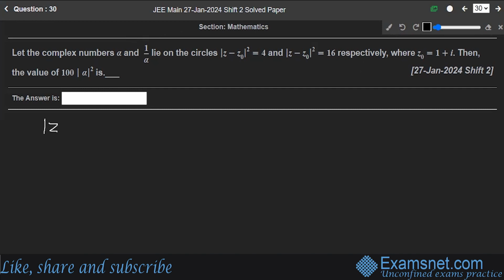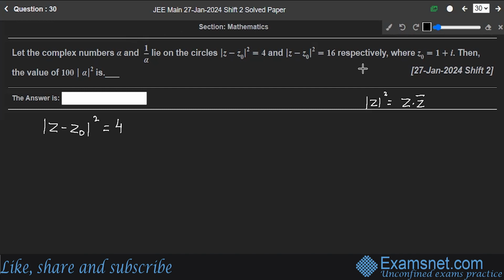So you are having modulus of z minus z naught square is equal to 4. That gives me one formula that the modulus square of any complex number is equal to the product of that complex number multiplied by its conjugate.